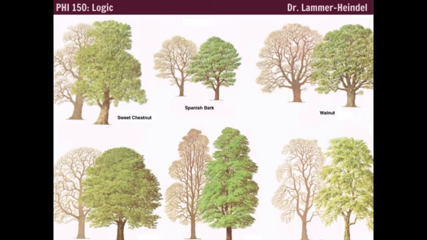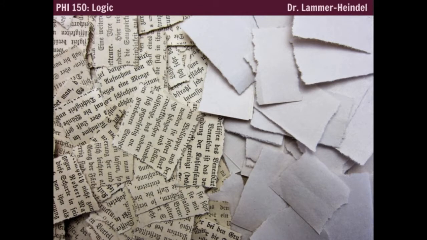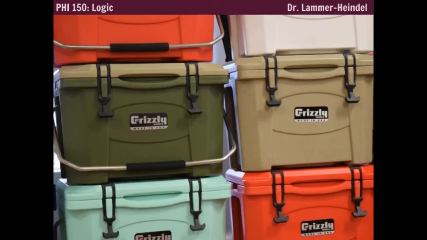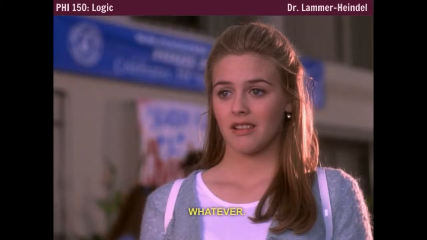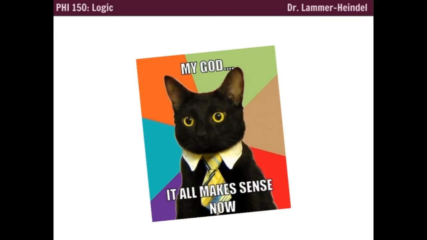Everything else in the world, including squirrels, human beings, blades of grass, fence posts, pieces of paper, logic classes, coolers, beer bottles, whatever, all of those things are outside of the class of trees. So we could say that they fall within the class that we will call non-trees. So given the term trees, what we're going to call the term complement of that is the term non-trees. The term complement picks out everything that is outside of the class to which it serves as its term complement.